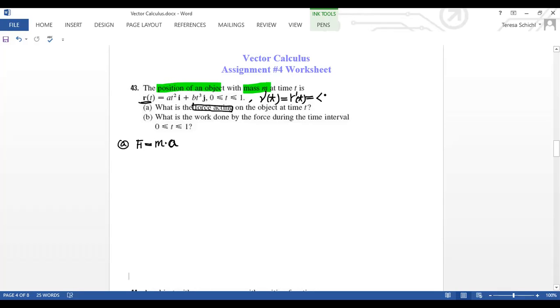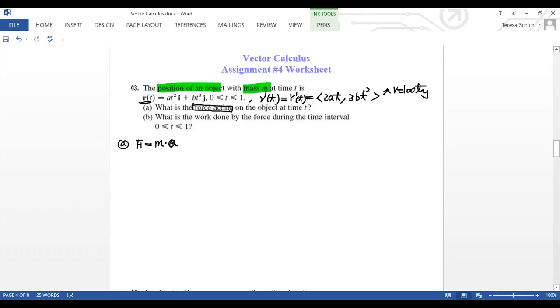The derivative here is 2at, then 3bt squared. So this is the velocity vector function.